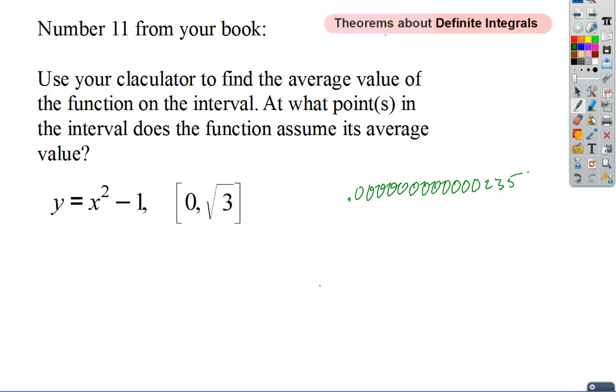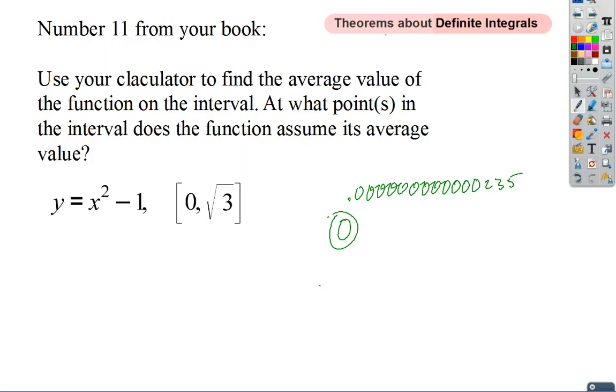That's a lot of zeros. Your calculator can't be that precise all the time. So when you see something like this, it's 0. So my answer is 0 for this. That means the average value for that is 0.